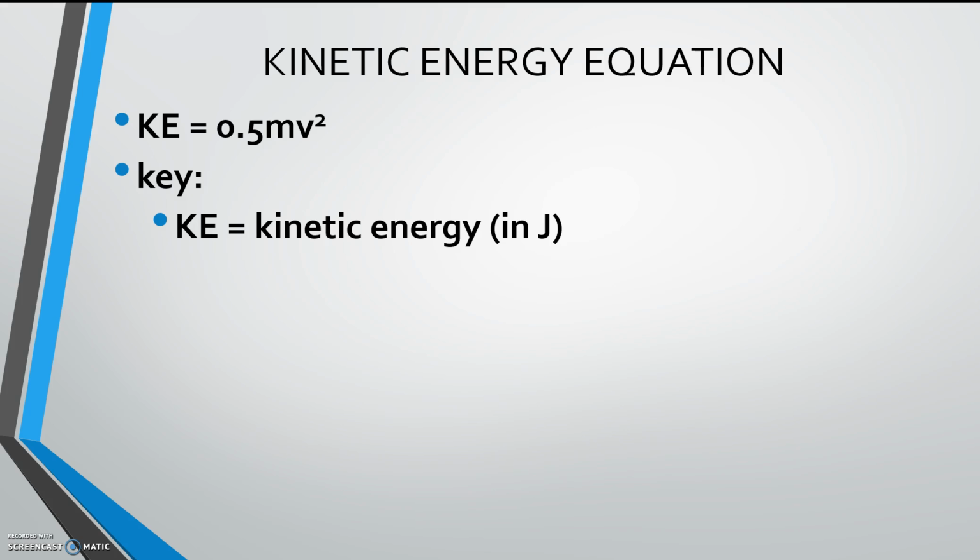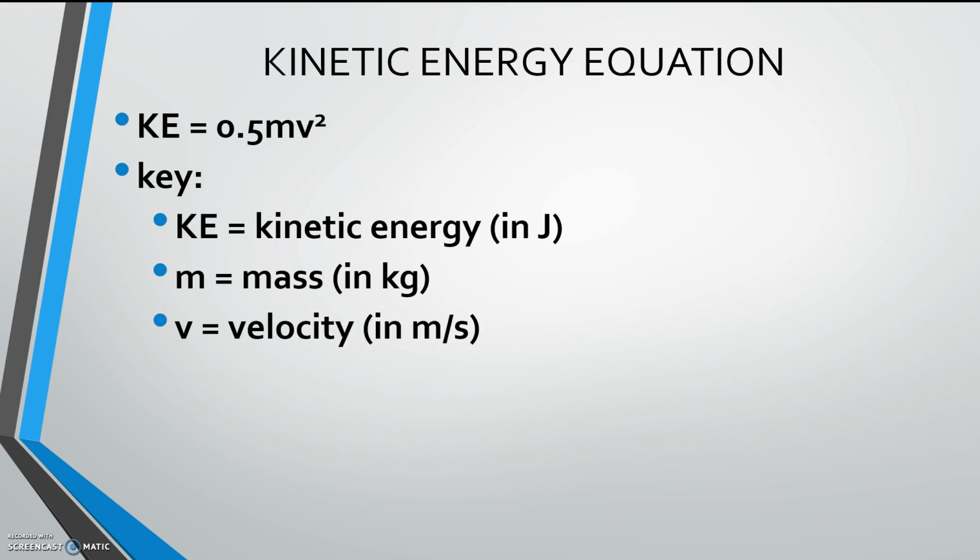KE stands for kinetic energy, and the units are joules. M stands for mass, and the units are kilograms. And v stands for velocity, and the units are meters per second.